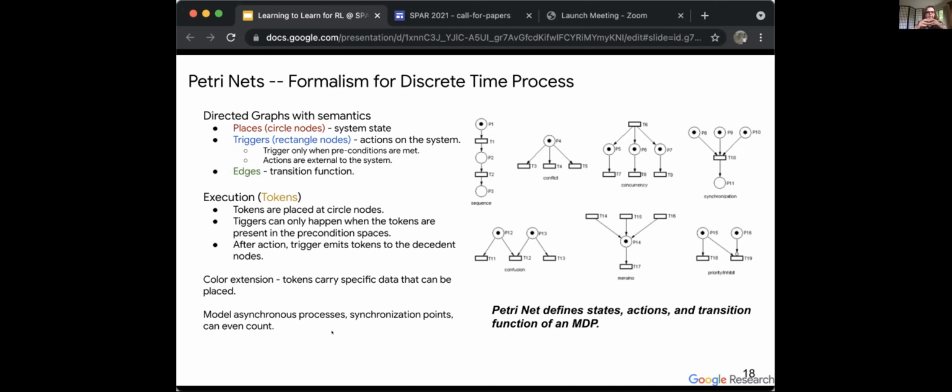So basically, Petri nets define the structure of the tasks. It defines states, actions that the external agent goes in to move these tokens, and the transitions. And there are well-established formalisms that model asynchronous processes, synchronization points, they can even count, and so on.